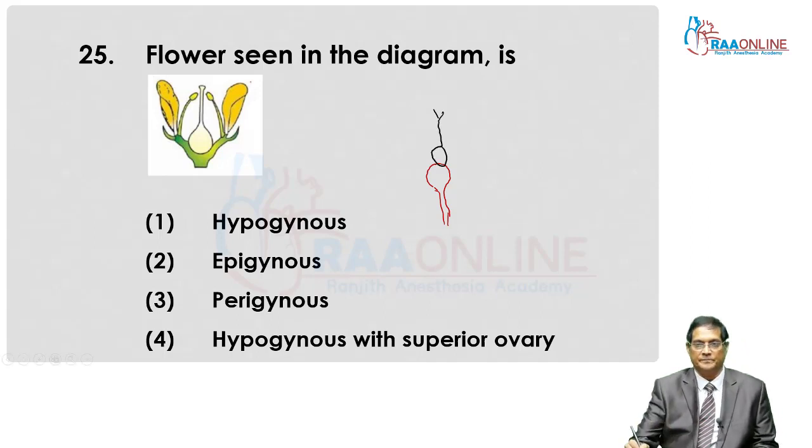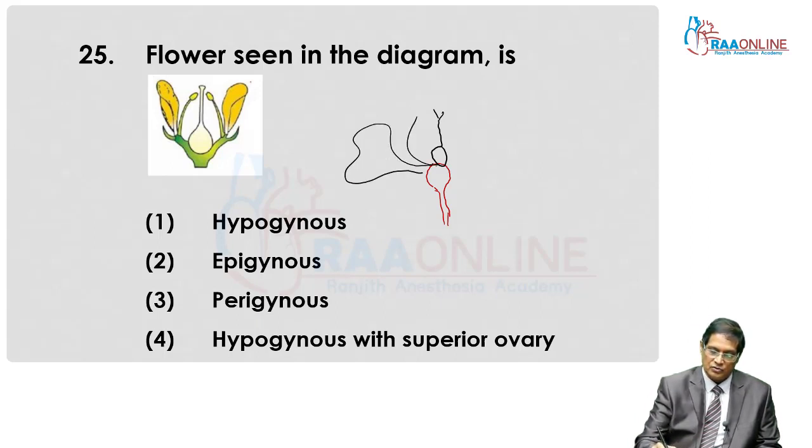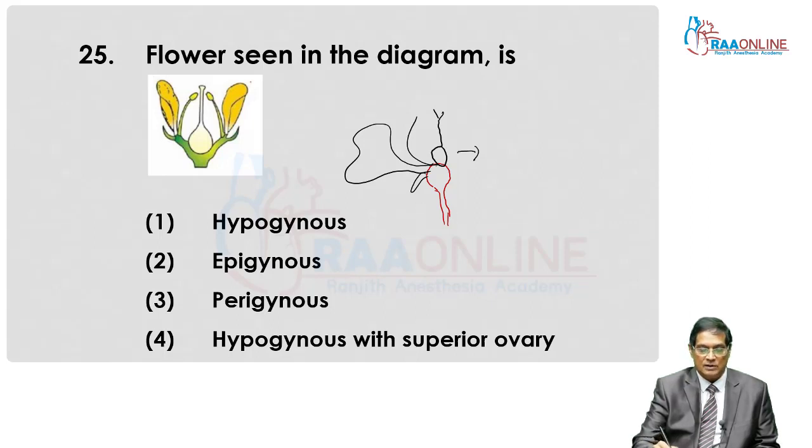This is case number 1. This is the androecium, this is the corolla, and this is the sepal. The ovary is at the top, and the other whorls are below the ovary on the thalamus. Hypo means below, gyne means ovary. Others are below the gyne, so the flower is hypogynous and the ovary is superior.